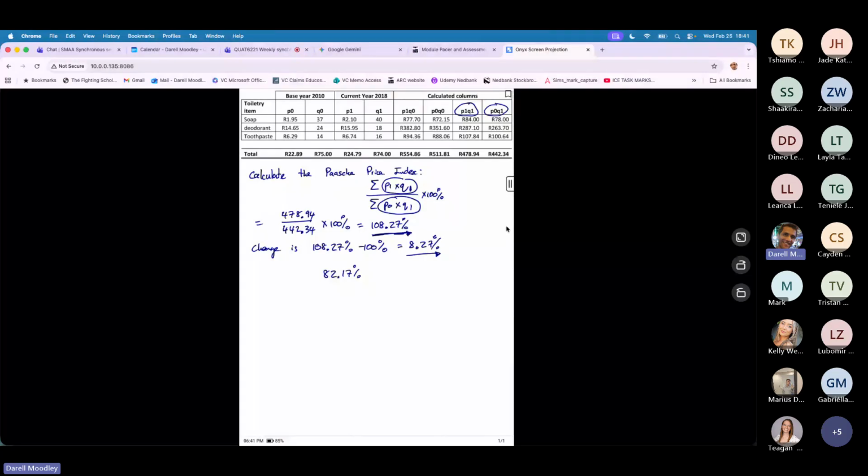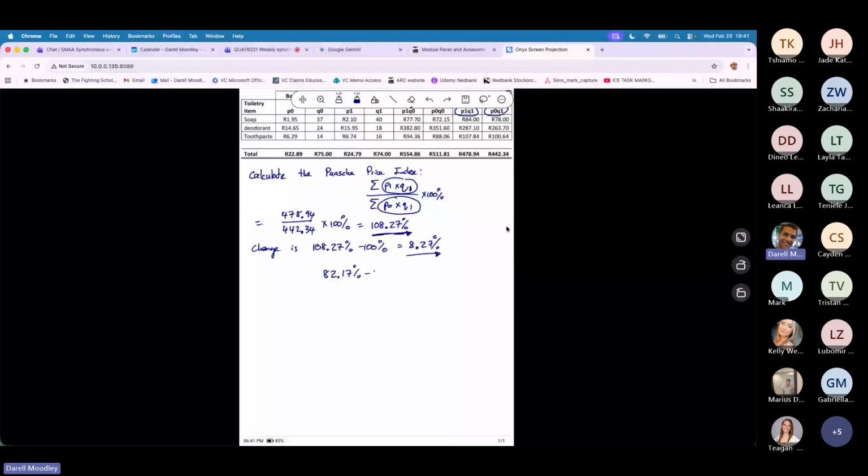It's left to you if you want to work out the change mentally instead of subtracting 100. But this is why I always suggest just subtract 100 and do it in your calculator. That'll give you the exact change that you're looking for. Okay, so it's up to you. But just know that that is why I always suggest just subtracting the 100 and getting the change. Okay, hope that makes sense.